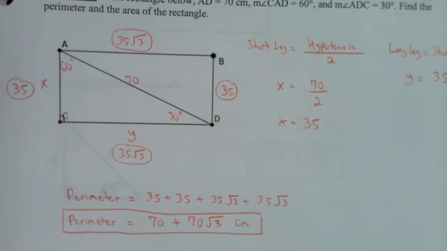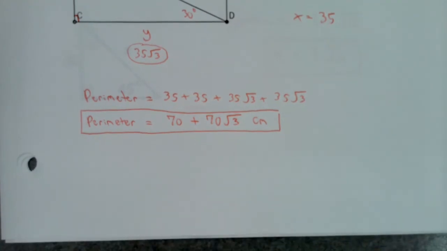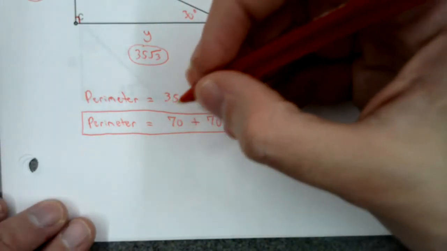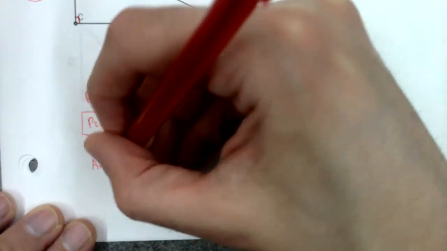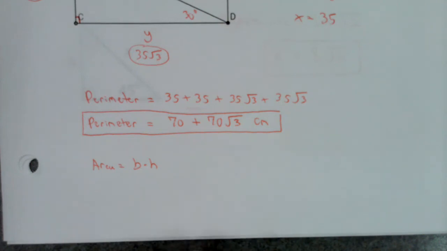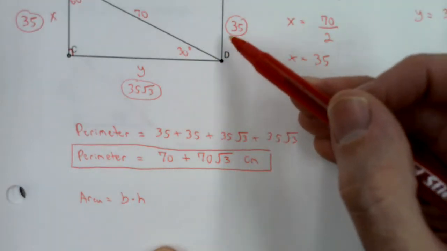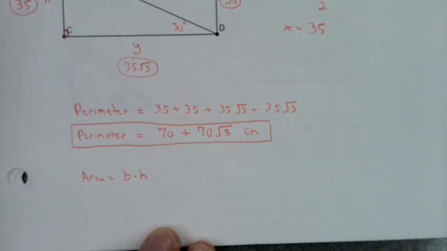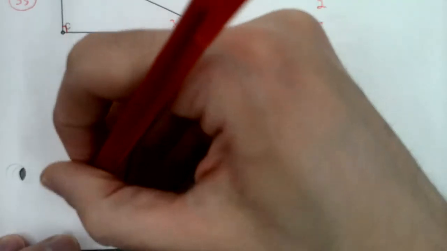For the area of this rectangle, area equals base times height, or length times width. I know we have not done that yet, but that's the formula. So you can multiply these together: 35 times 35 square root of 3.